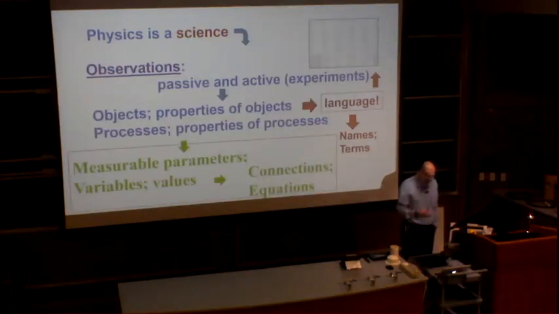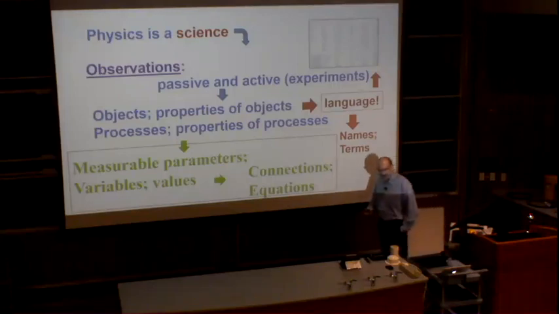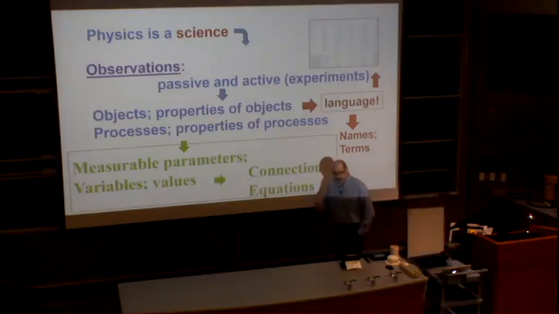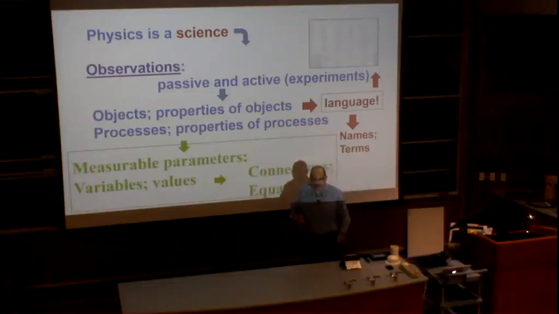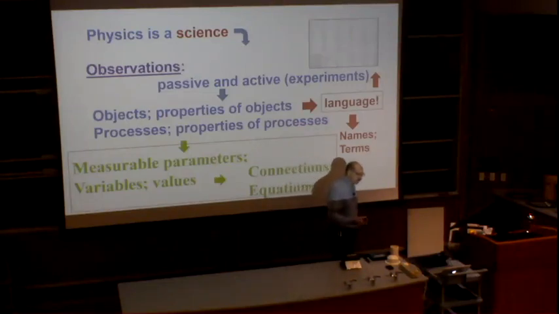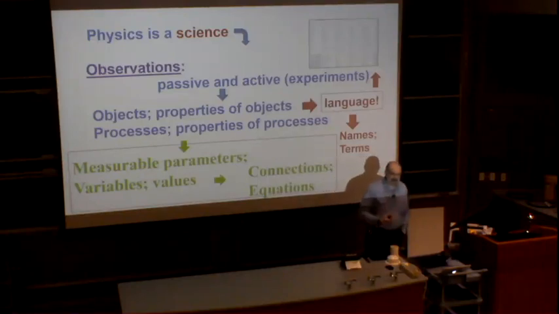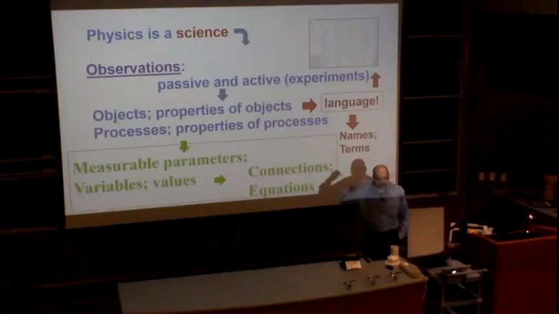And if we have data, we can analyze those data, find correlations, and those correlations tell us about some relationships, and then, if we're lucky, only at the very end of this scientific process, we can write an equation. So before an equation happens, a lot of other work has to be done.